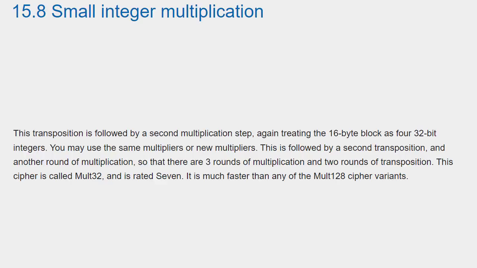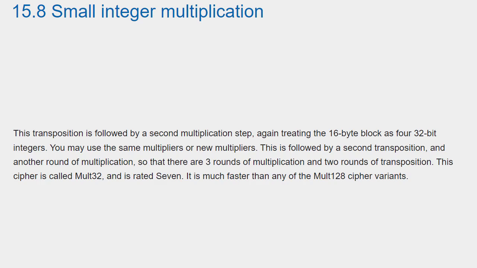To get to a 128-bit cipher, the 4 separate 4-byte products can be treated as a 16-byte block and mixed using this fixed 16-key transposition, section 7.6. This transposition is followed by a second multiplication step, again treating the 16-byte block as 4 32-bit integers.